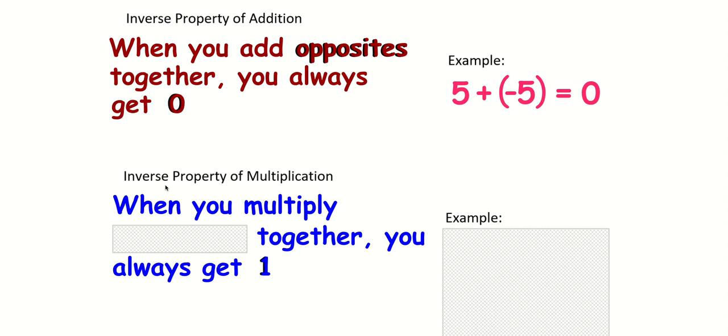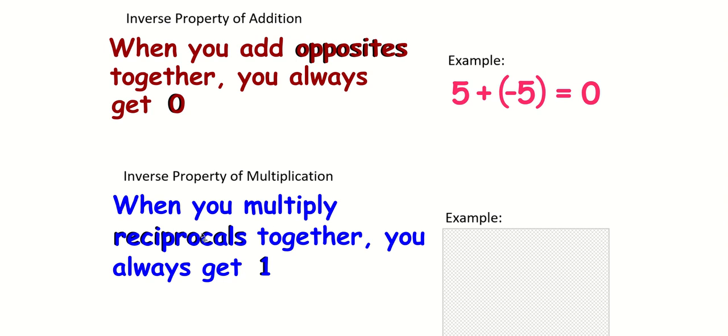It's almost like an overused word. So instead of saying additive inverse of a number, we just say opposite. And instead of multiplicative inverse, we say reciprocals, or what I sometimes say, reflipricals. Get it?